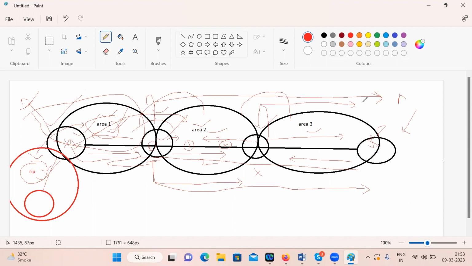Yes. So does it mean that the ASBR router does some kind of redistribution? Yeah, redistribution we will do on the ASBR router only. Okay.